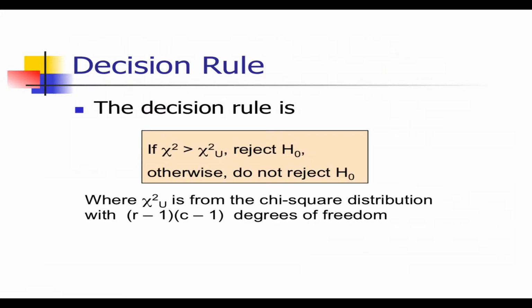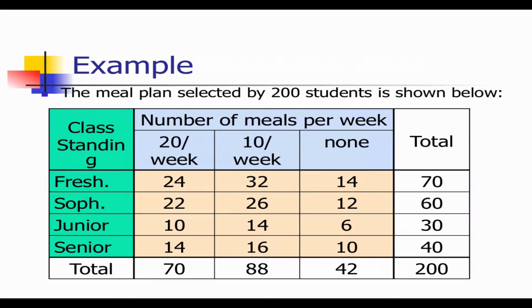Okay, so let's use an example to illustrate this. Going back to our previous example, we have 4 different classes and 3 different meal plans. We are testing whether students in different years have different preferences in terms of which meal plan they choose.